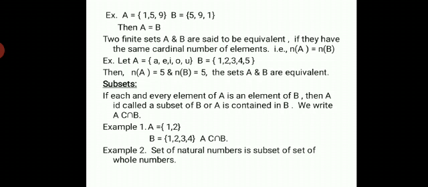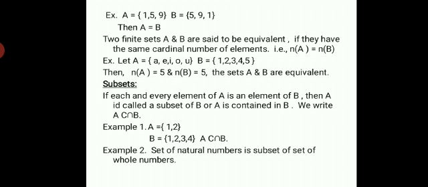For example, A is a set with elements 1, 2 and B = {1, 2, 3, 4}. We can write A is a subset of B because A has elements which are already there in set B. So we denote it by the symbol ⊂. You just write down C broadly.